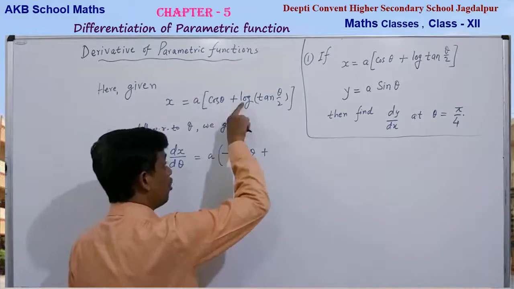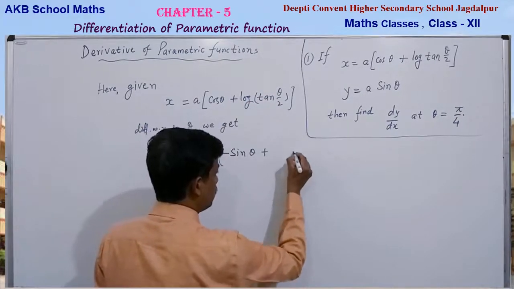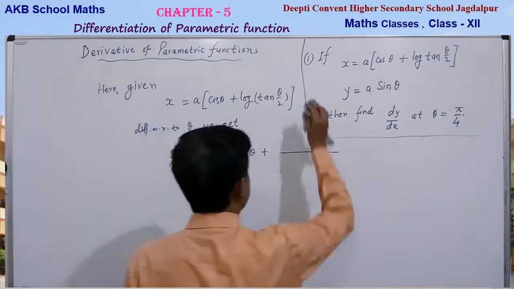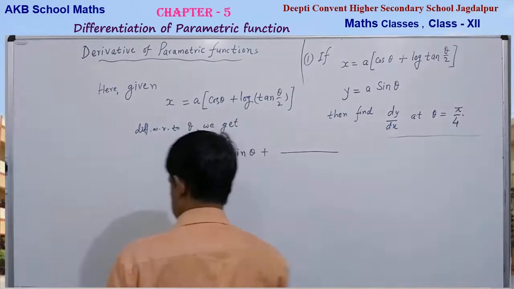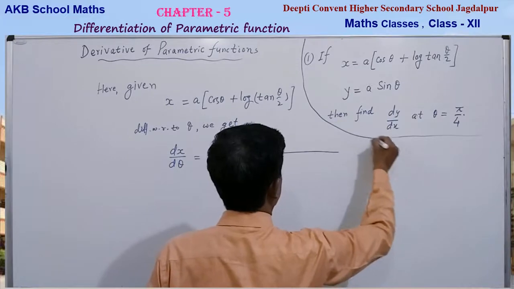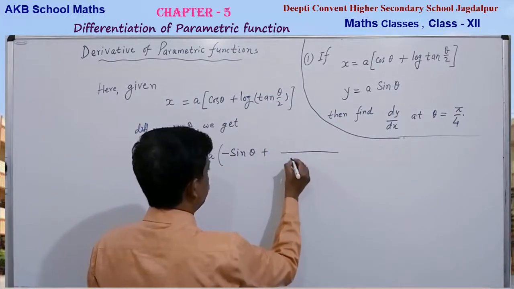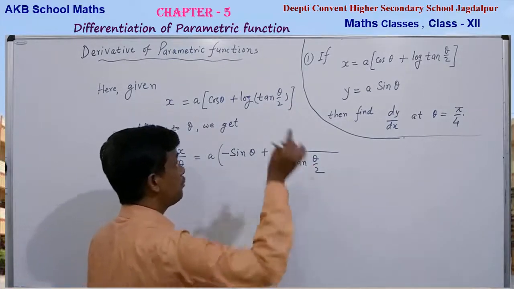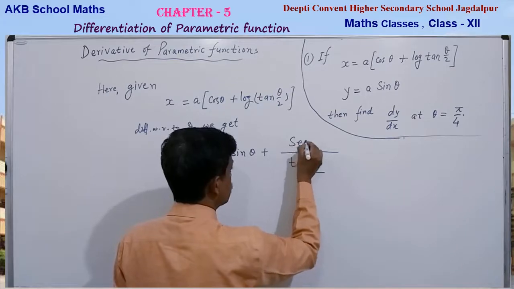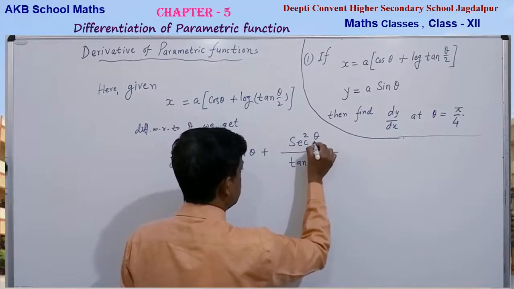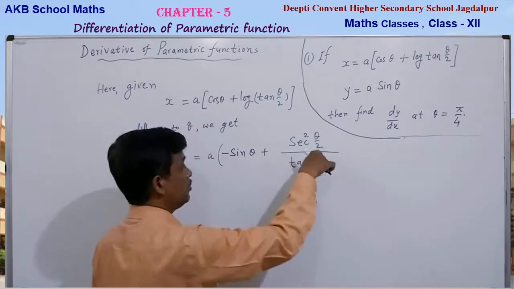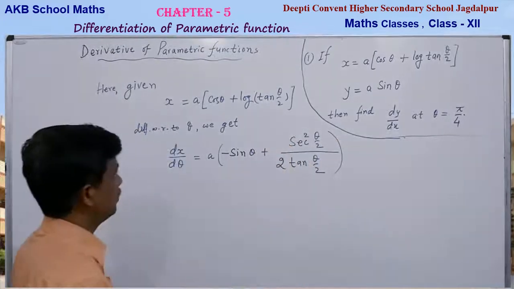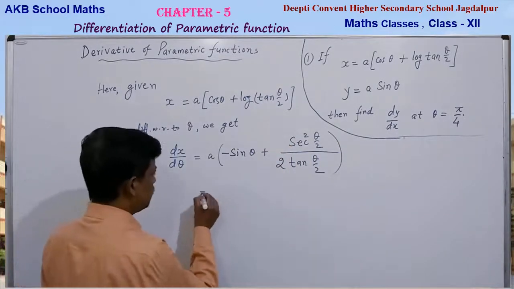So first of all, log differentiation, 1 upon tan of theta by 2 first, and then differentiation of tan, that is sec square theta by 2, and again differentiating theta by 2 with respect to theta, 1 by 2. So this is the derivative.